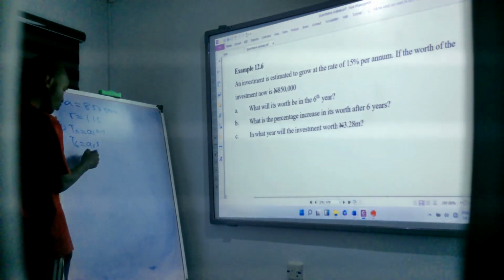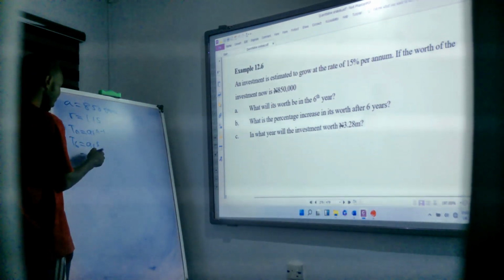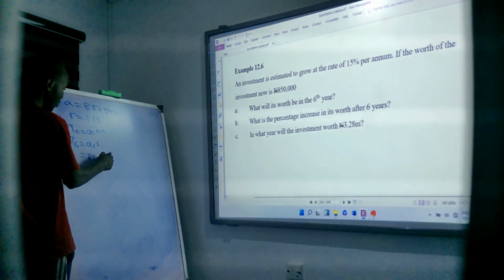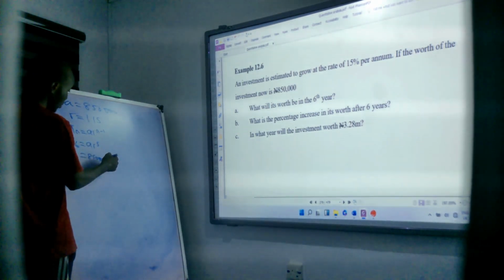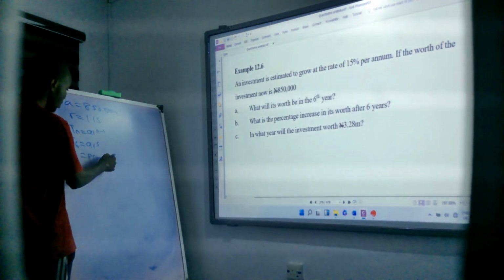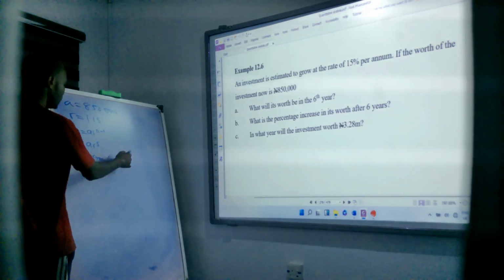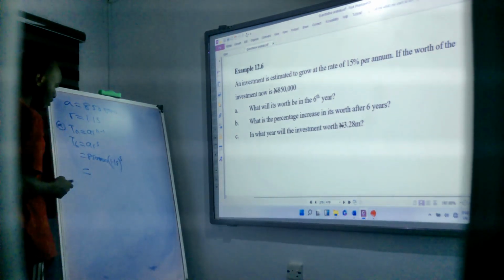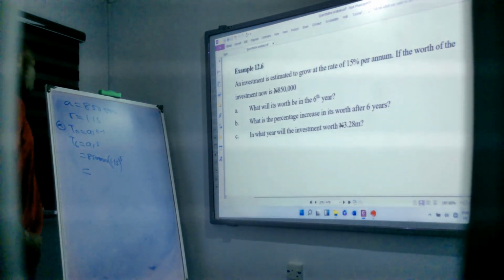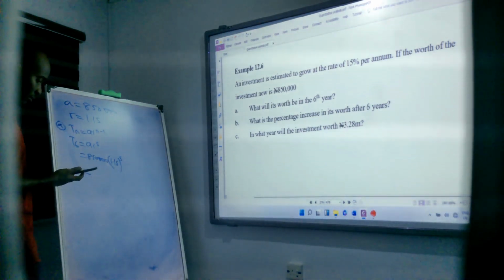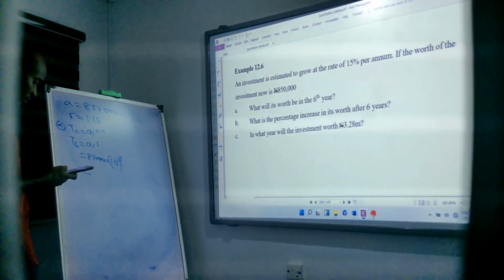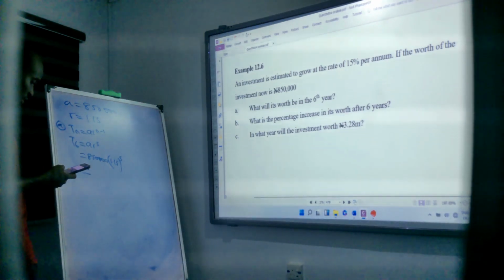So Tn is ar to the power n minus 1. So T6 equals ar to the power 6 minus 1, which is 850,000 naira times 1.15 raised to power 5.